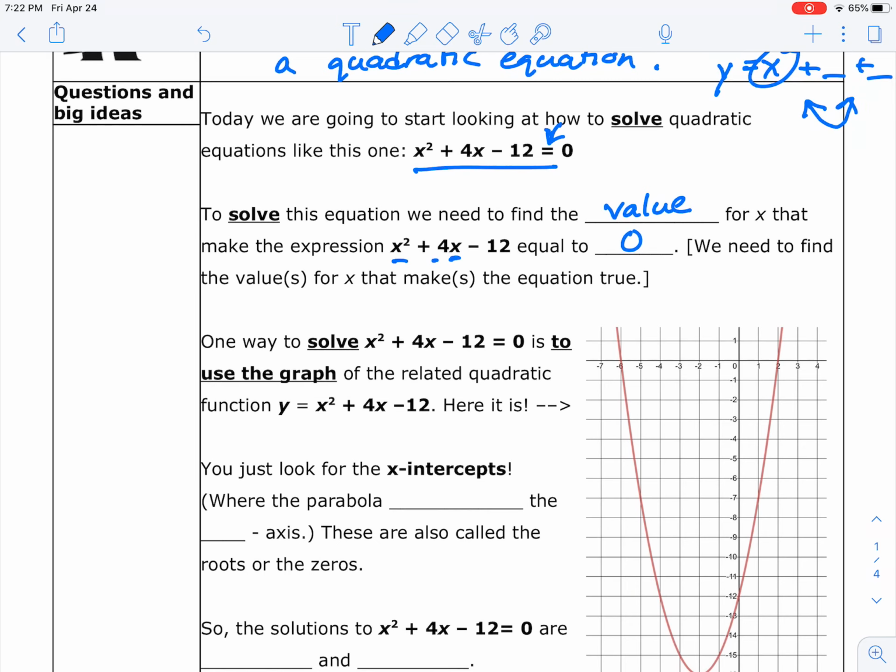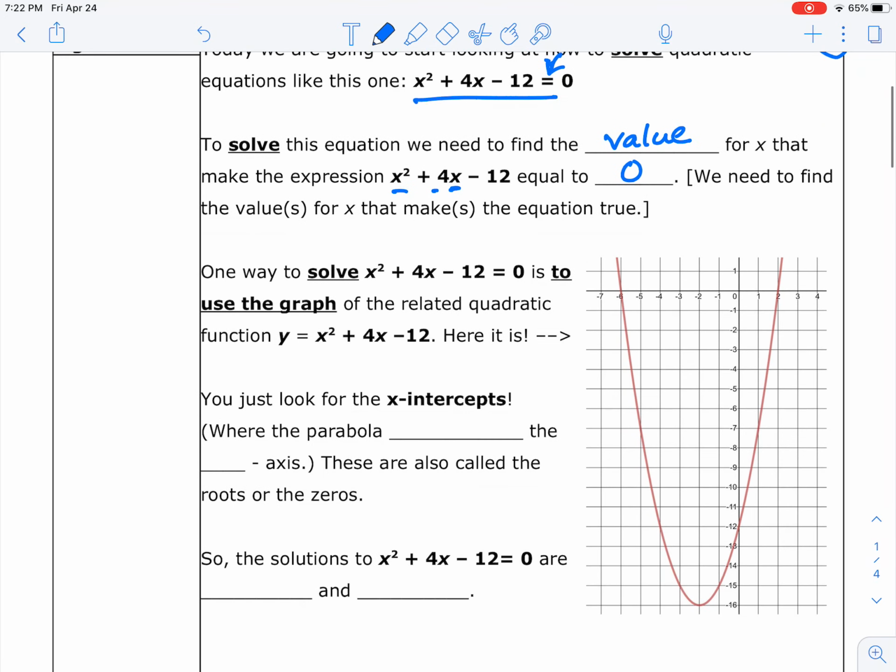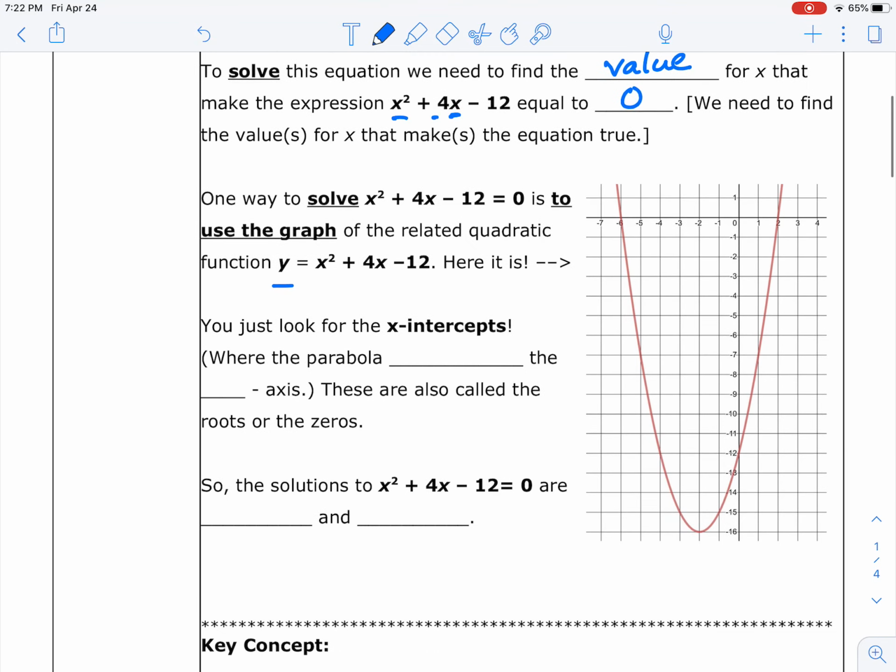So one way to solve that equation is to use the graph. And we've been working on graphing, so we're going to continue that today. So we're going to solve it for y equals x squared plus 4x minus 12. And you can see that the graph for that is shown for you guys over at the right. And so what does it mean to solve?